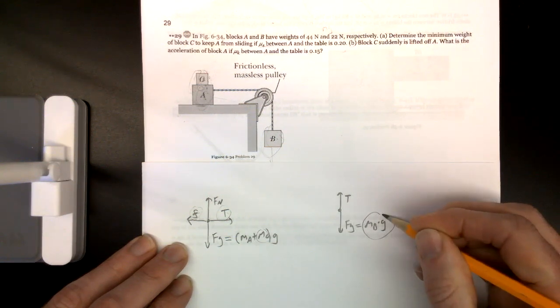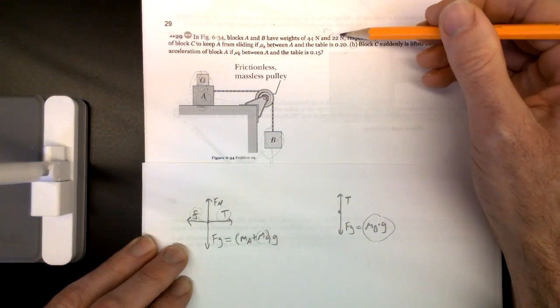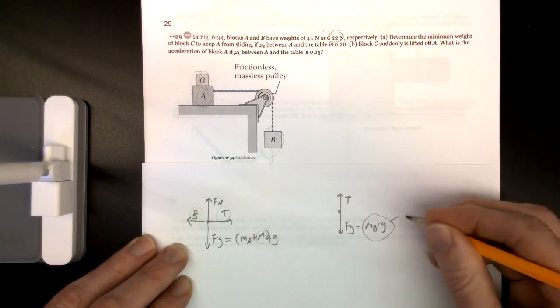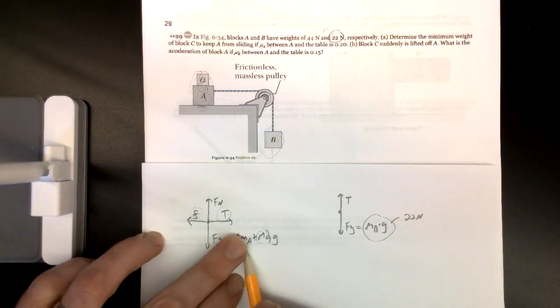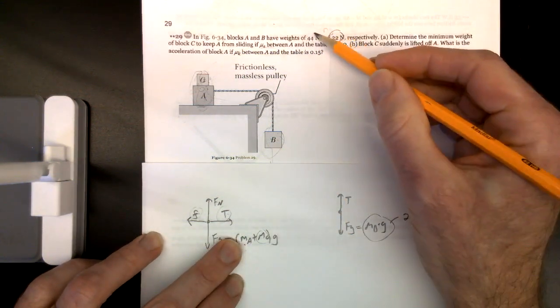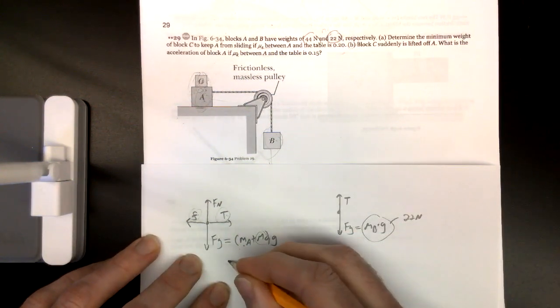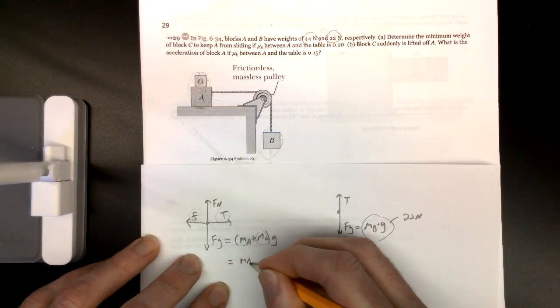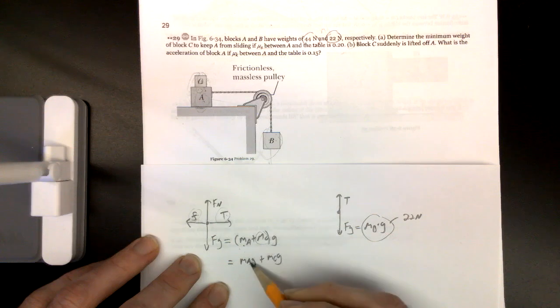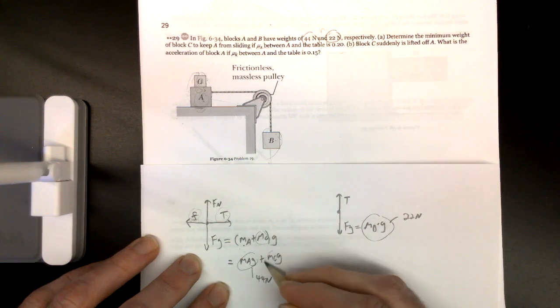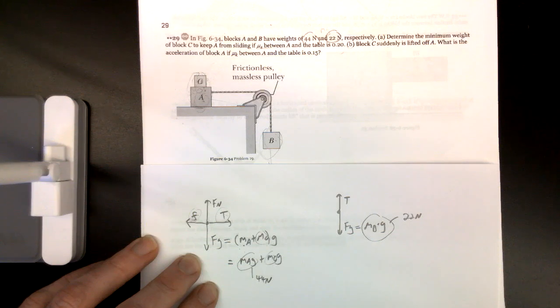By the way, this is given as 22 newtons, so later on we can plug it in as 22 newtons if we want to. M_A times g separately is 44 newtons, so it might be better to just write this as M_A times g plus M_C times g, and this we know is 44 newtons. And then this is our unknown factor right there.